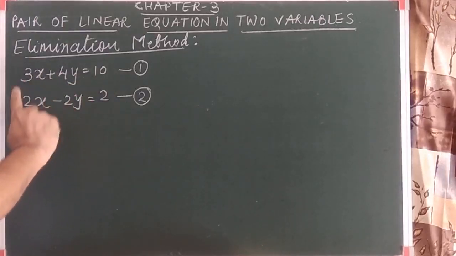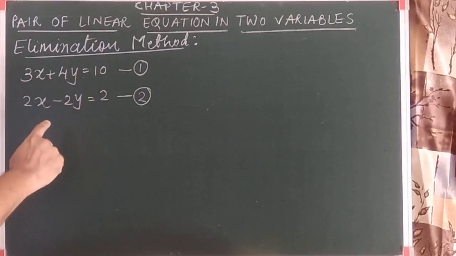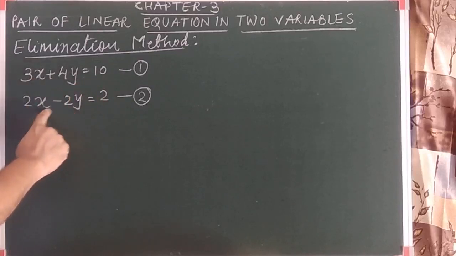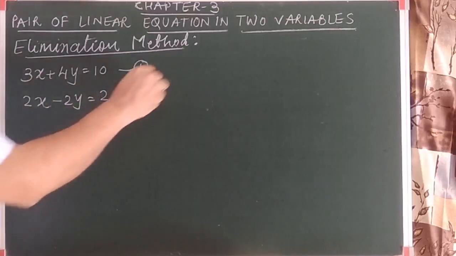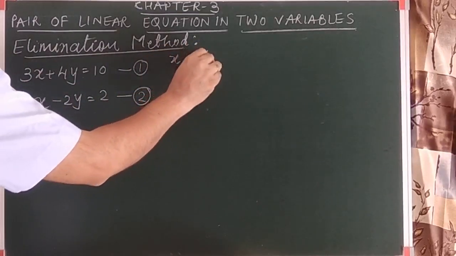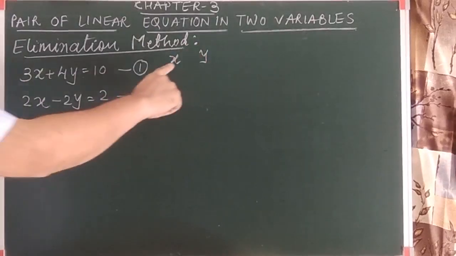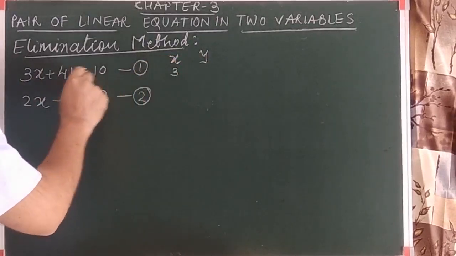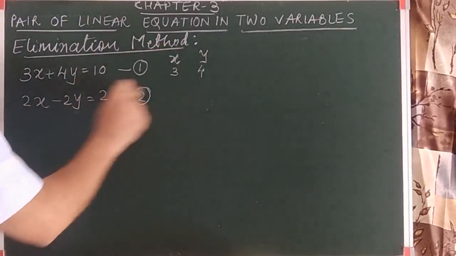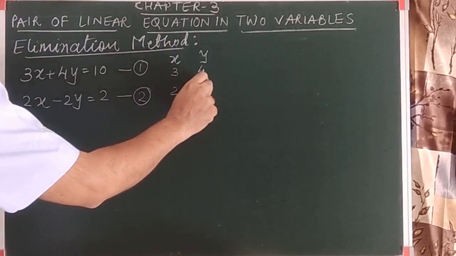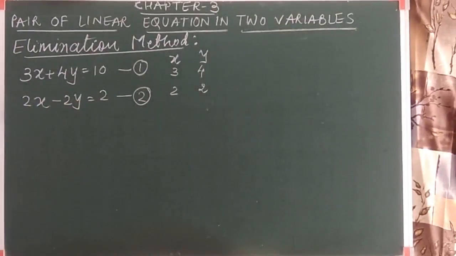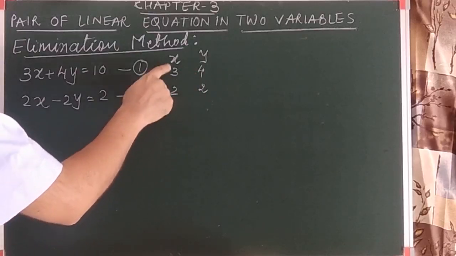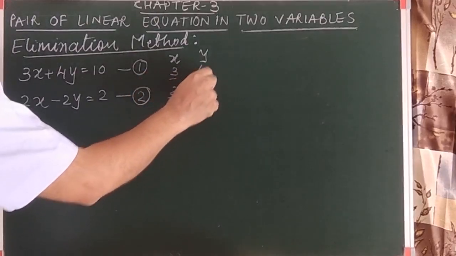Standard means this form, this won't be considered a standard form. So your equation should be in the form x plus y equals a constant. Let us write down the coefficients of x and y. Equation 1 has the coefficient of x as 3 and of y as 4. It is 2; as it is minus 2, we will write 2 only. We have to check that either the coefficient of x or y should be equal.